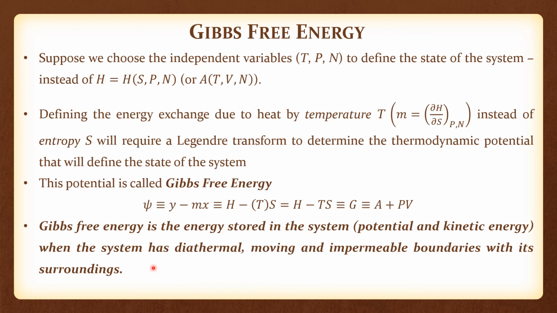Again, potential and kinetic energy, when the system has diathermal, moving and impermeable walls. Oftentimes this is also the case. Instead of moving boundaries, it's also diathermal, and open boundaries also could result in Gibbs free energy being the appropriate thermodynamic potential to specify the macroscopic state of the thermodynamic system.